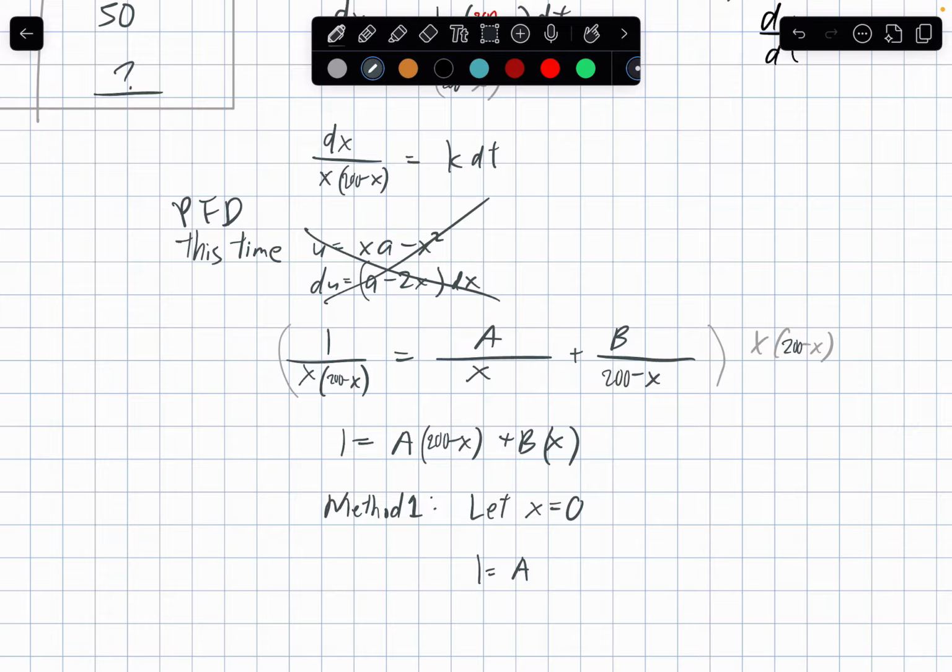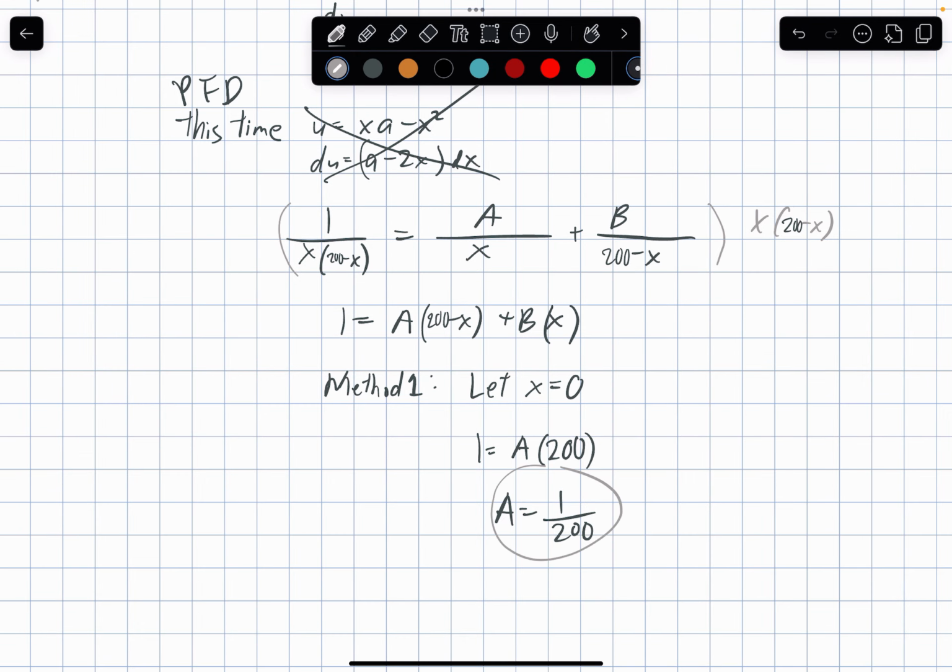Okay, so x is 0, so this will be 0. A times 200. A, therefore, is equal to 1 over 200. Okay, and then let x equal to 200. 1 equal to A times 200 minus 200 is 0, plus B times 200.